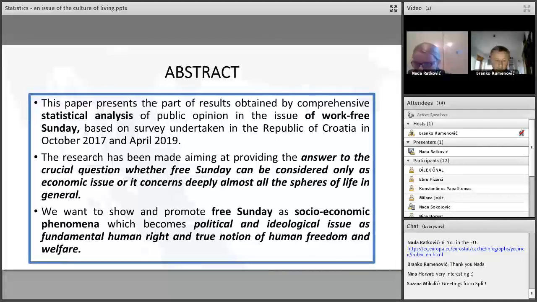I think it is deeply in all spheres of life in general. So we want to show and promote Free Sunday as a socio-economic phenomenon and a fundamental human right, and that is today very important for the welfare of living.